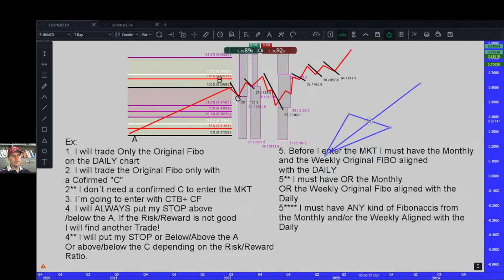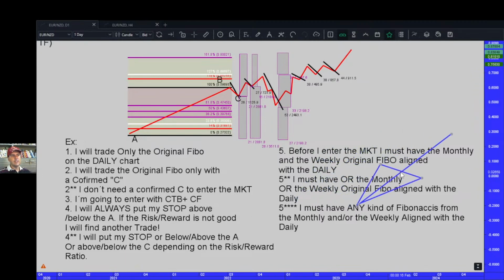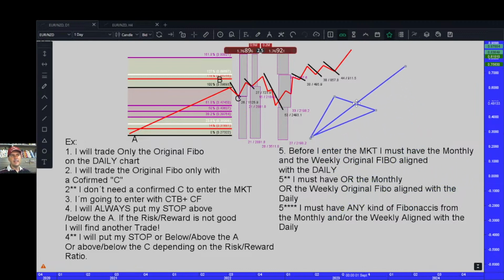Then Julius or Clara, they're going to have, I must have any kind of Fibonacci's, meaning original Fibonacci on the monthly and the weekly, the Contrarian Fibonacci on the monthly and the weekly, the Fibonacci of the confirmation on the month and the weekly, aligned with the daily. So Julius and Clara, they can enter.